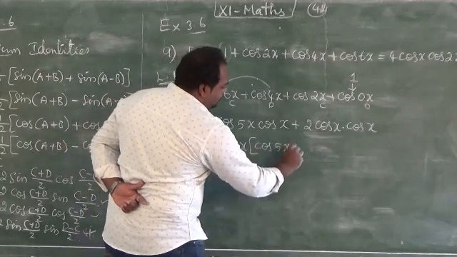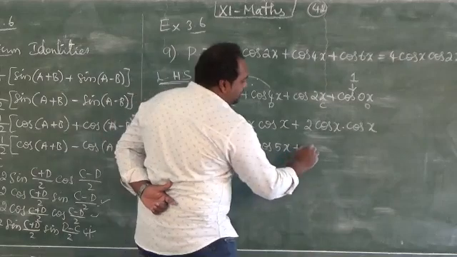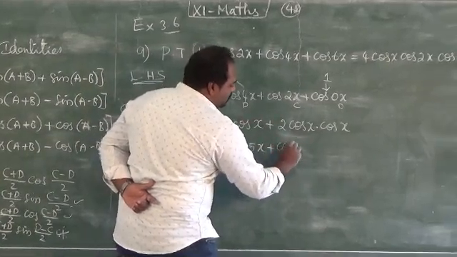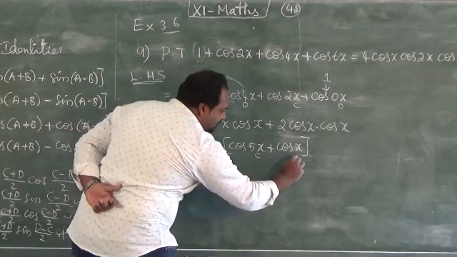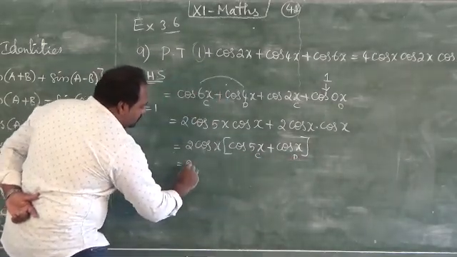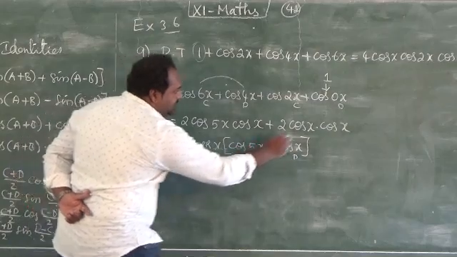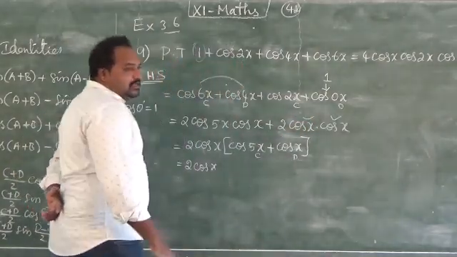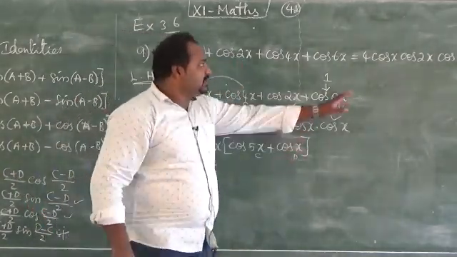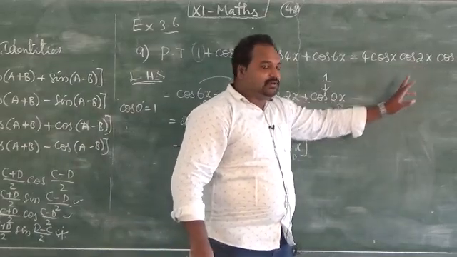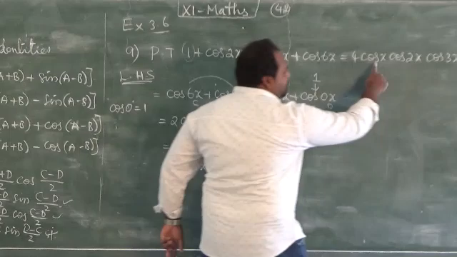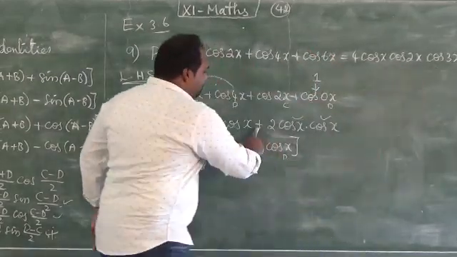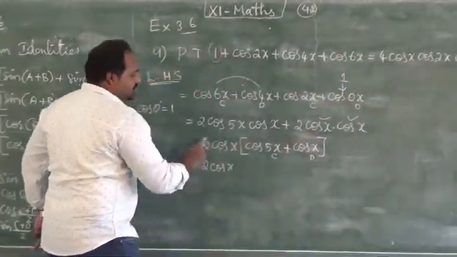Cos 5x plus cos x. 2 cos x came out, only cos x remains. Don't multiply cos x into cos x here. If you multiply, you will get cos square, and you will not get the right hand side answer. That's why I have not multiplied here. I am just taking it outside because all the terms are in multiplication mode. Here we have a plus, so I have taken 2 cos x out.